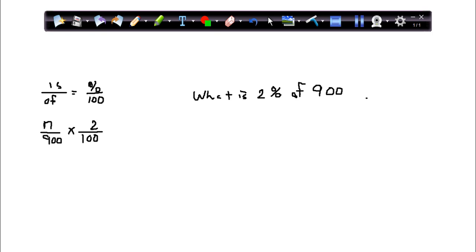So now that we've plugged in the values into the formula, we're just going to cross multiply and divide, okay? I always tell students, always multiply the one without the variable first. So we're going to multiply 900 times 2 first, and that's going to be 1800. And you're going to put the division symbol here.